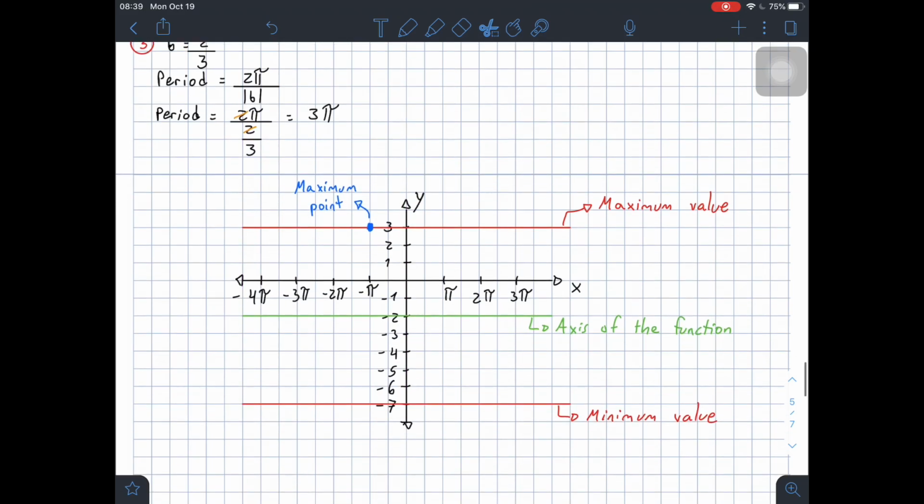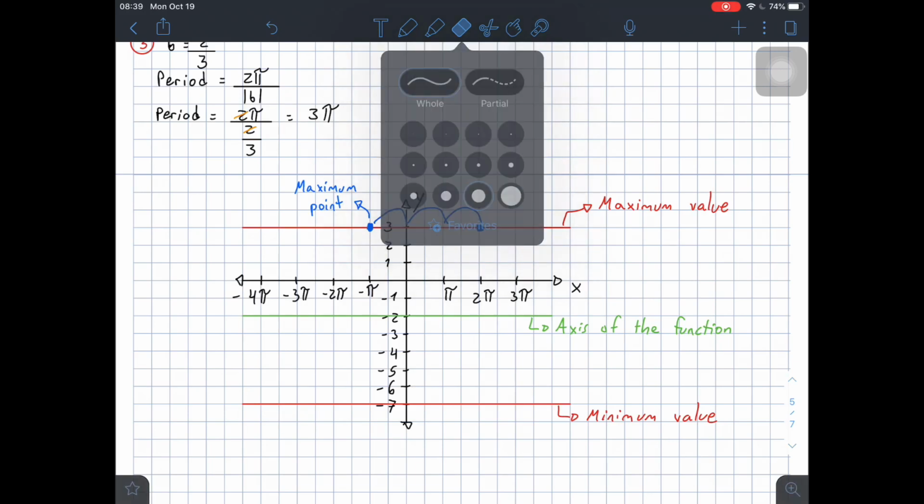If our period is 3 pi, that means that after 3 pi, for example, if I look at this point, I need to have another maximum point, right? So let's see. If I move pi, 2 pi, 3 pi, here we would have another maximum point, because we moved 3 pi units, which is our period.